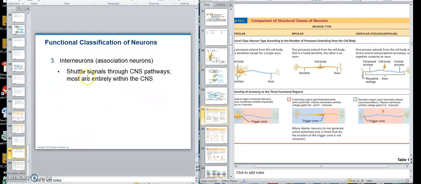Then we have interneurons. Interneurons communicate between the afferent and the efferent, and they are totally within the central nervous system. So they shuttle the message to the right area. That's why they call them association neurons.